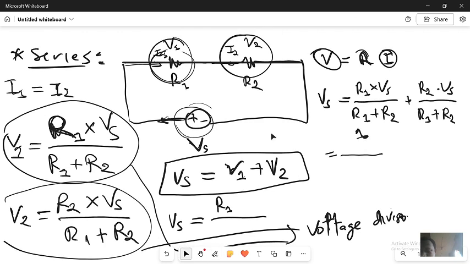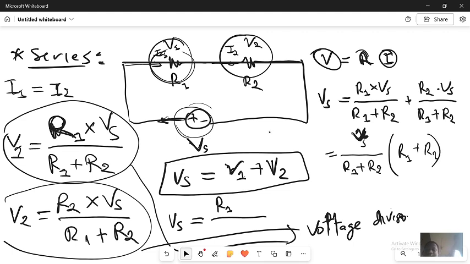I will have Vs multiplied by R1 plus R2, all divided by R1 plus R2.